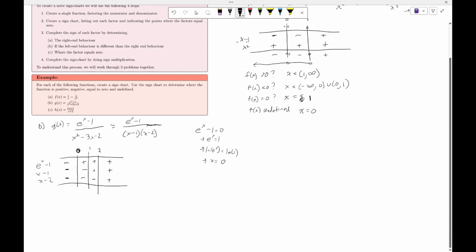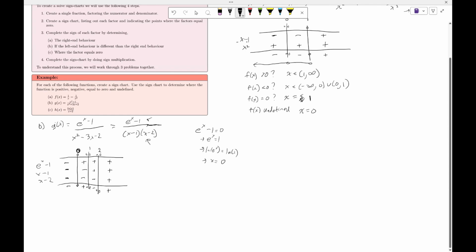Now I can do my sign multiplication. 3 negatives is negative. 2 negatives is positive. 1 negative is negative. 0 negatives is positive. And now for each of these points, I'm going to put a little UD for 1 and 2, because that's from the denominator. And I'm going to put a little 0 at 0, because that's where the numerator equals 0.